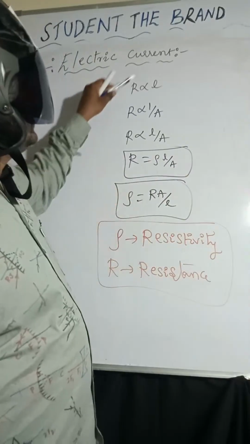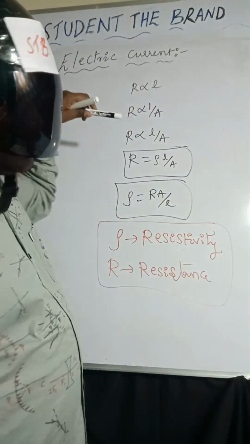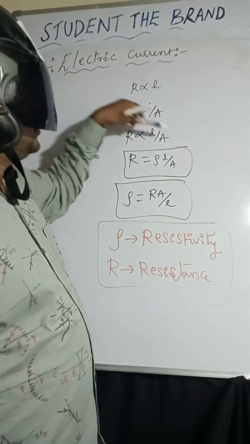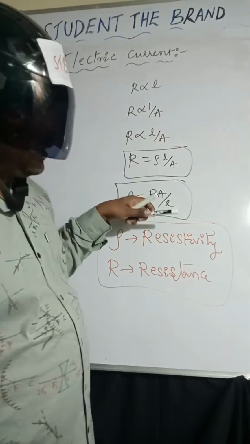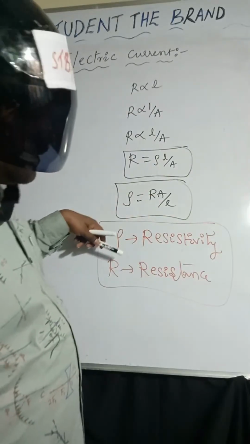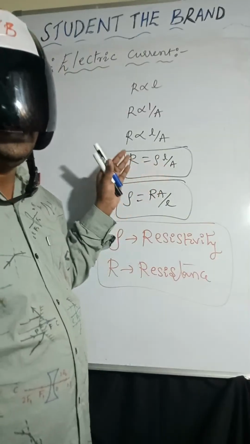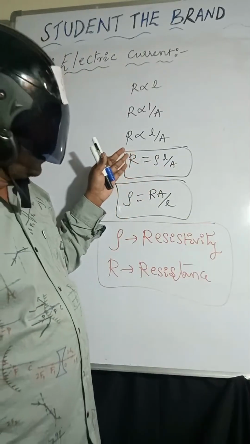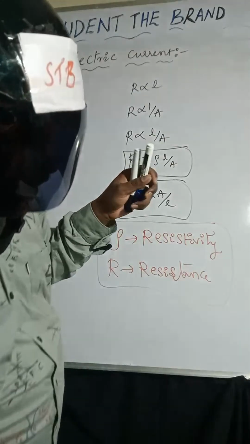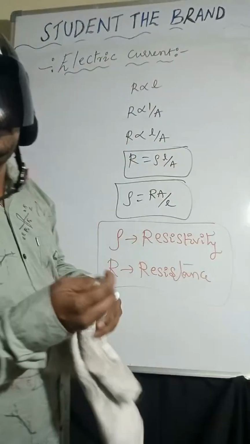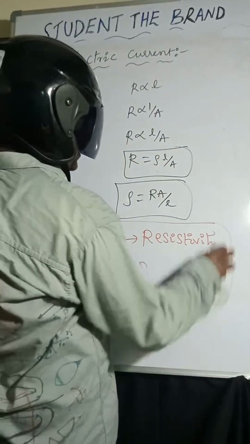So R is directly proportional to length, and inversely proportional to area of cross section. R equals rho into L by A, rho equals RA by L. Now we can go for the SI unit of resistivity.